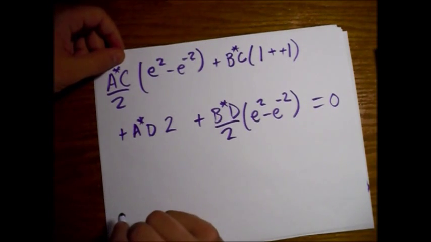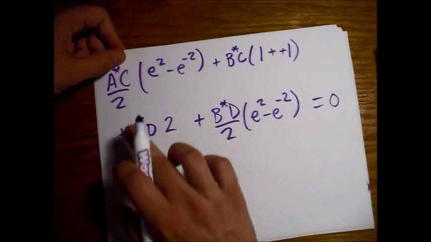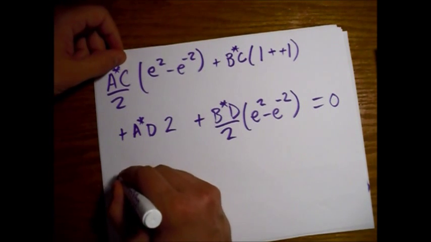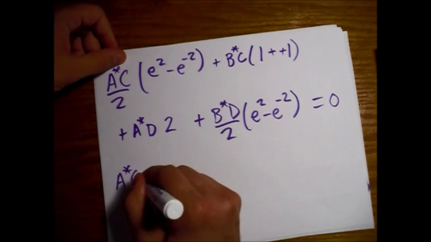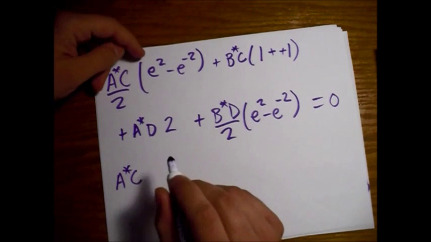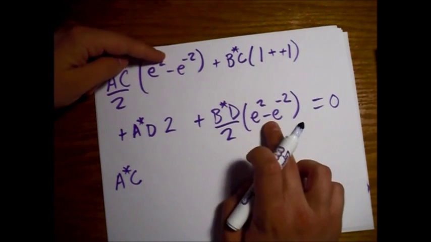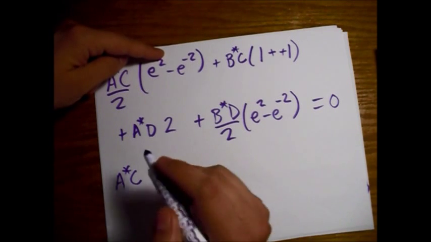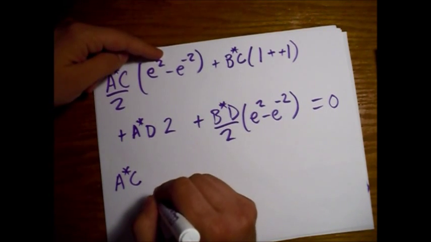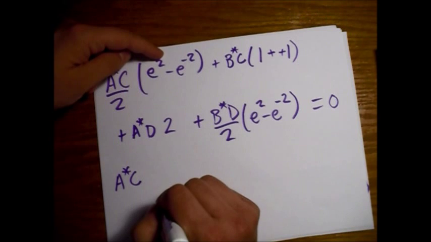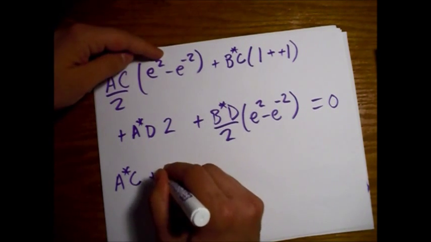So let's multiply everything by 2. So we have an A star C, and then I'm going to go ahead and factor. I'm going to gather the terms of this.